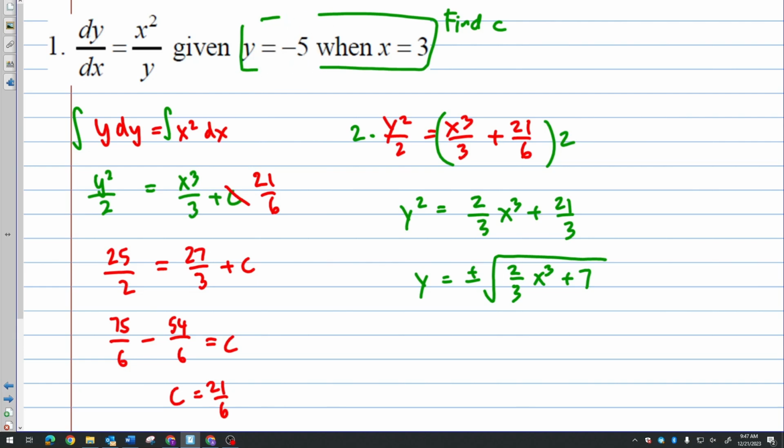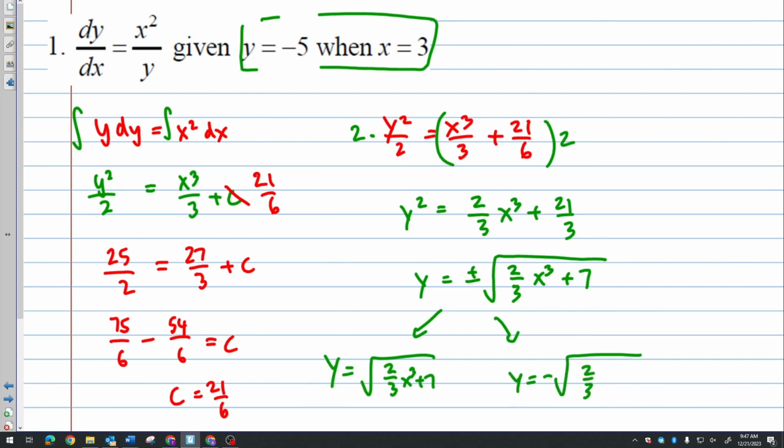It's not necessarily the right answer though, because remember, this is saying I have 2 y answers. One is positive square root, and the other is the negative square root. Okay, but the answer must satisfy this initial condition, and this initial condition says if you plug in 3, you're going to get -5.